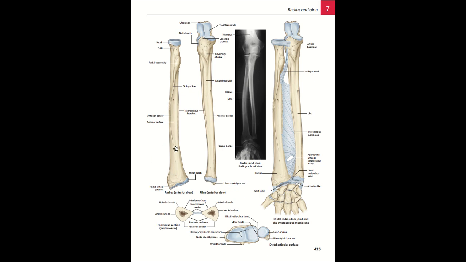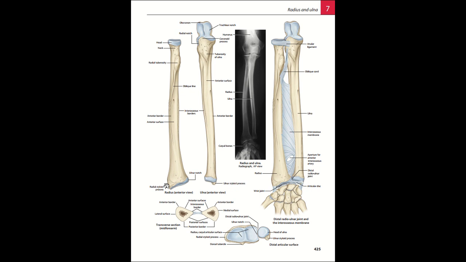Right. So distally, at the lateral portion of the distal radius, you're going to have a radial styloid process. Medial to this styloid process is going to be grooved by the extensor pollicis longus, which forms the medial border of the anatomical snuff box.